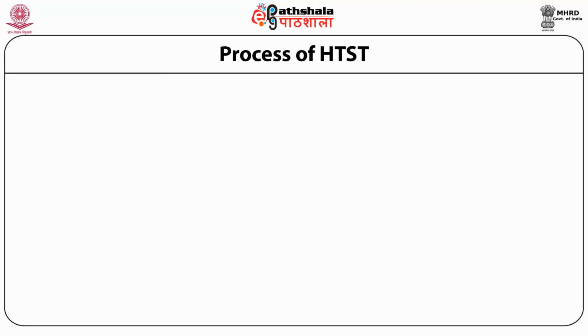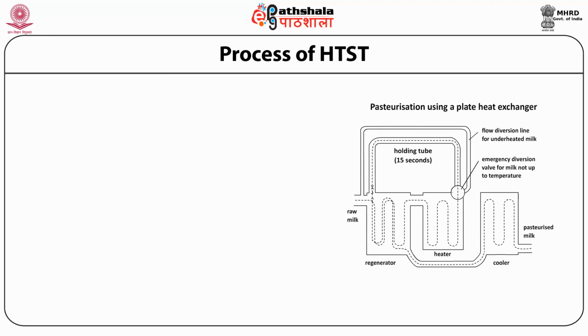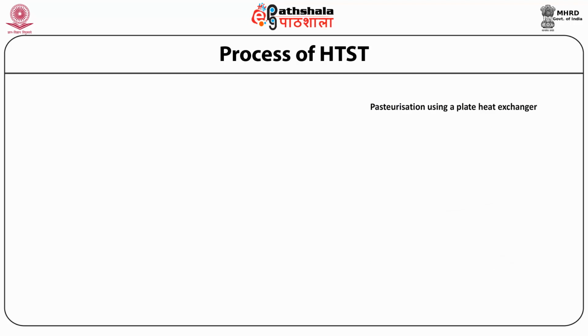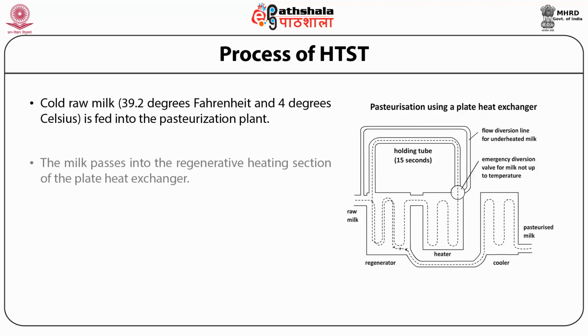We can see from the accompanying diagram of the plate heat exchanger, here we can see three chambers. First is the regenerator chamber, second is the heater chamber, and third one is the cooler chamber. Generally, the milk which is to be pasteurized is induced in the regenerator chamber, which goes to the heater chamber.